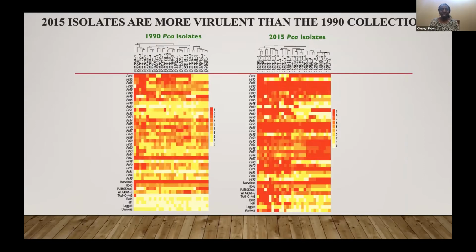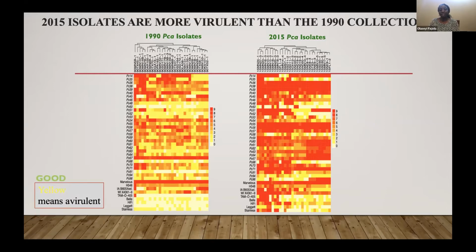To further illustrate the virulence profile of isolates is the heat map. On the y-axis are 40 differential oat lines. And those differential lines were tested with isolates collected in 1990 and isolates collected in 2015.